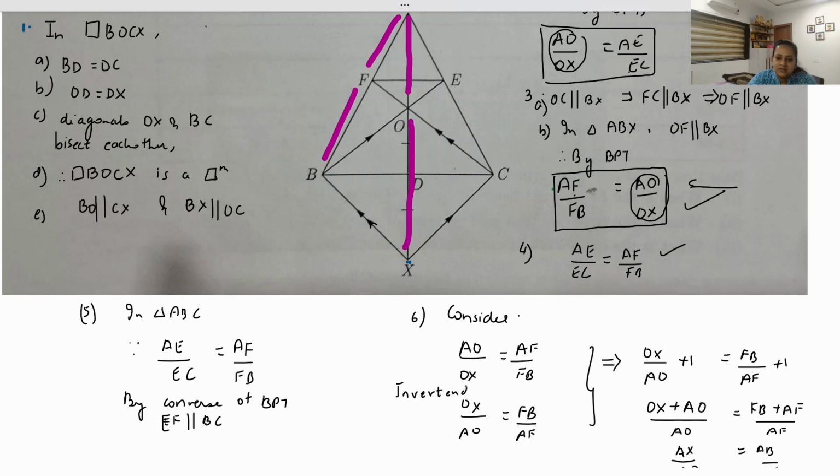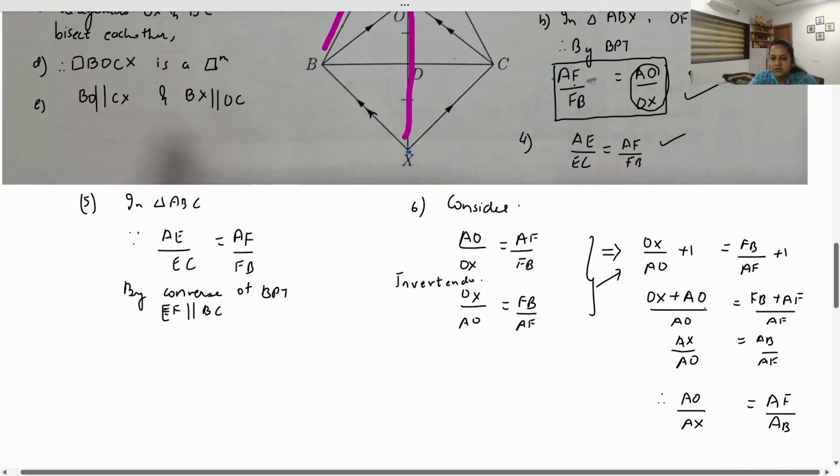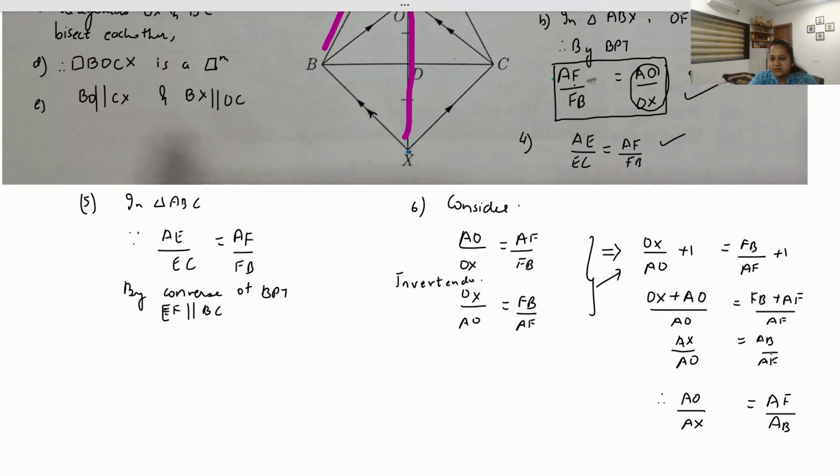Invertendo is nothing but reciprocal of both sides. After reciprocating, we added 1 to both sides. We got OX plus AO upon AO, FB plus AF upon AF. When we added OX and AO, we got AX upon AO. FB plus AF is AB upon AF. Final answer was in the reciprocal form, so we reciprocated again, invertendo. And hence we get the answer.